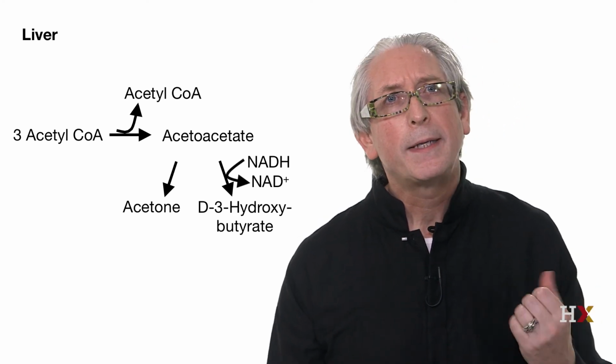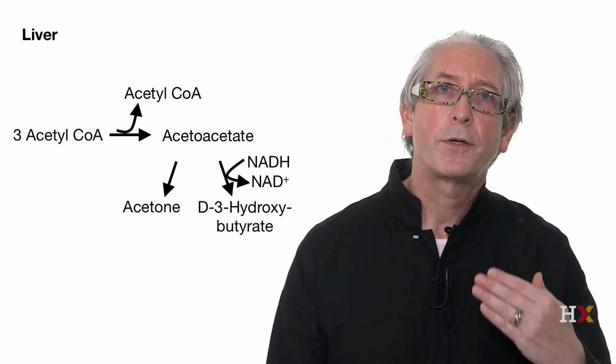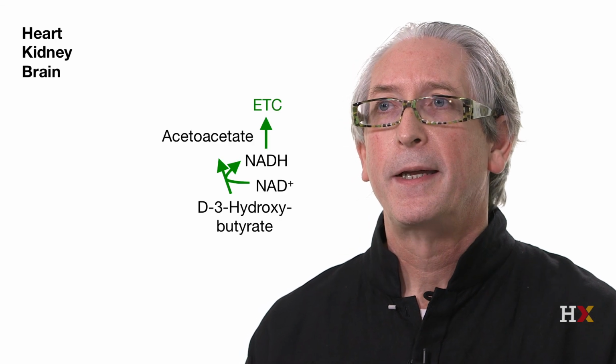So what are ketone bodies used for? They are distributed to tissues such as heart and kidney, where they serve as a source of fuel molecules. While the brain prefers glucose, it can also metabolize ketone bodies during starvation and in diabetic patients. The 3-hydroxybutyrate is converted back to acetoacetate.